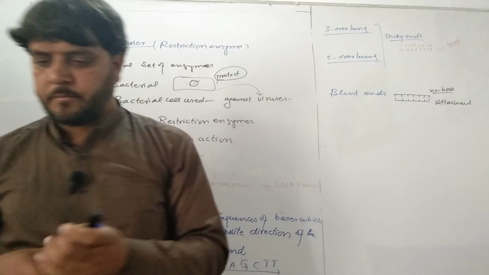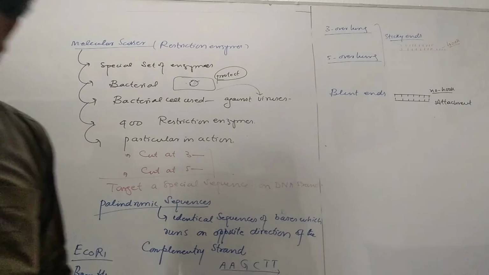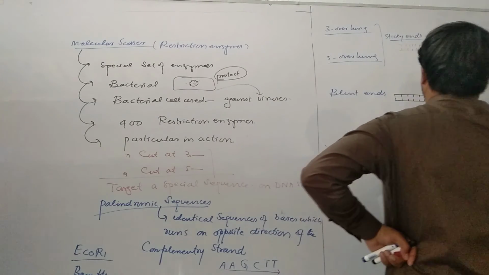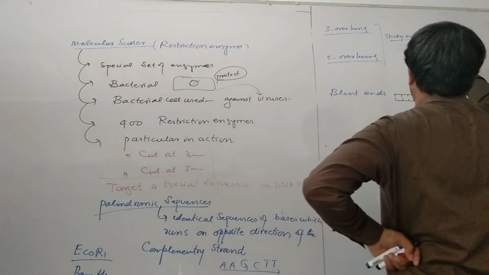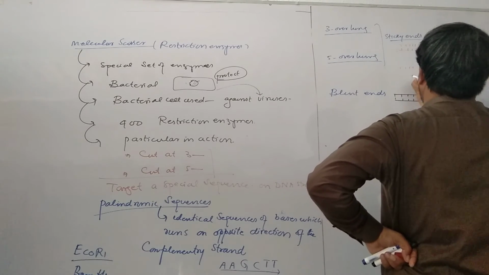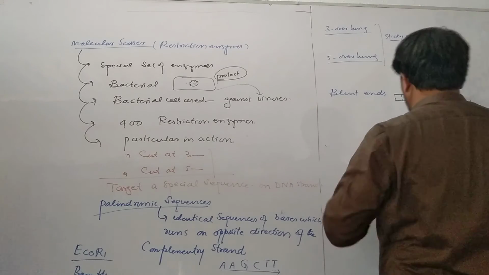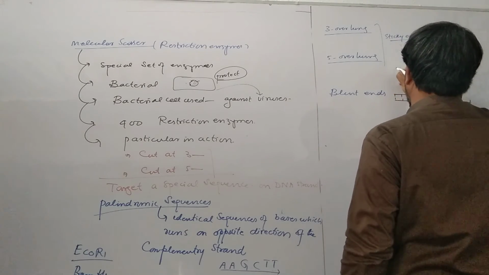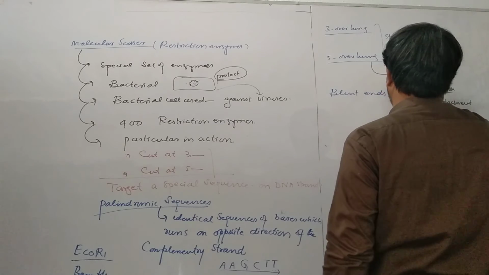What is the meaning of 3 overhang? When a sticky end is produced from a 3' end, it is called a 3 overhang, and when the sticky end is produced at a 5' end, it is called a 5 overhang, point to be noted.